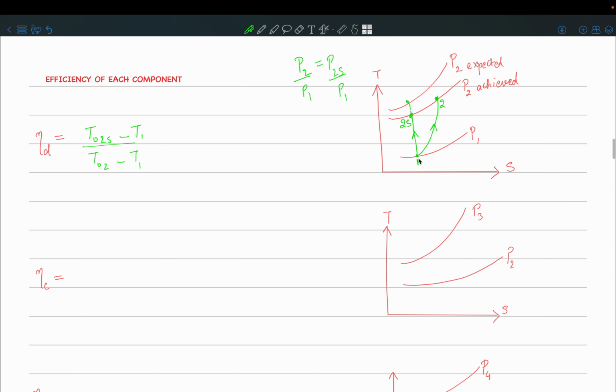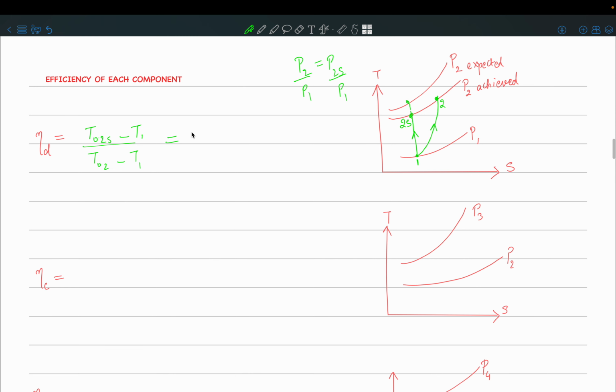So here in a diffuser, what is happening? The kinetic energy is decreasing, and the ideal decrease should have been lesser. You can also see from the diagram that the difference in the temperatures is lesser as compared to the difference between 2 and 1. So there is a difference between the 2s and 1 state, which is in the numerator because it is smaller, and the difference between the 2 and 1 state is larger, so it is in the denominator.